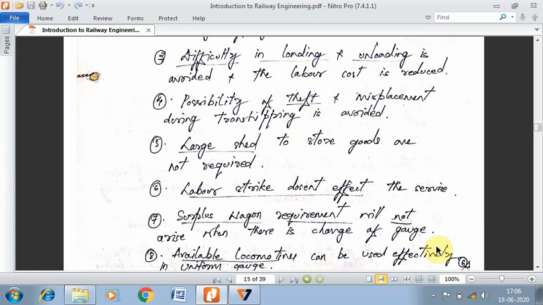But if you are moving from a larger vehicle to a smaller vehicle, the number of wagons required, wagons are what we call bogies in our local language. Those are not called bogies, but technically they are called wagons. So the number of wagons required will be more when you are shifting from a bigger vehicle to a smaller vehicle.